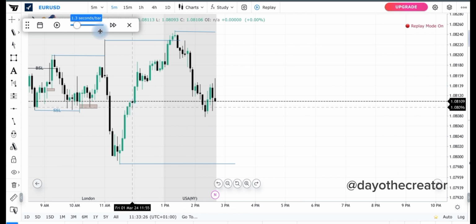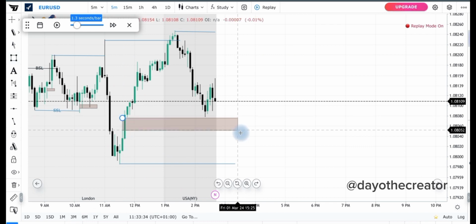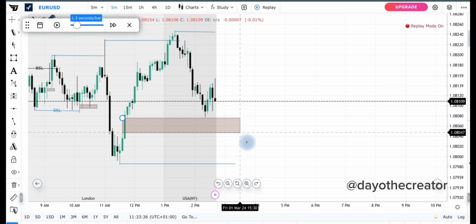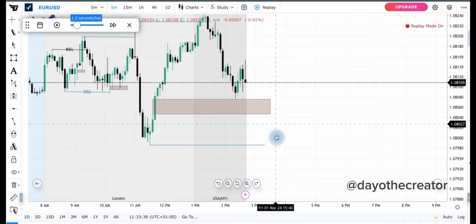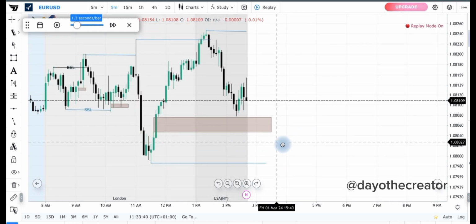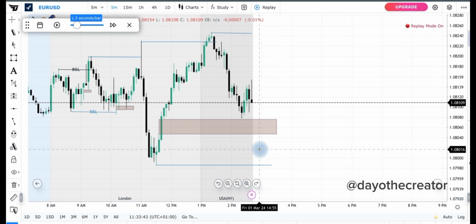We have a fair value gap over here, and we are anticipating that when the market comes here, it's going to tap into the fair value gap and go to the upside. But it doesn't always happen like that.